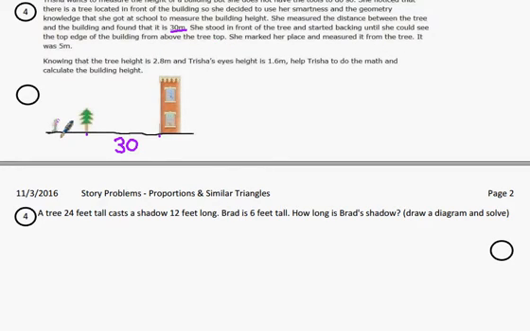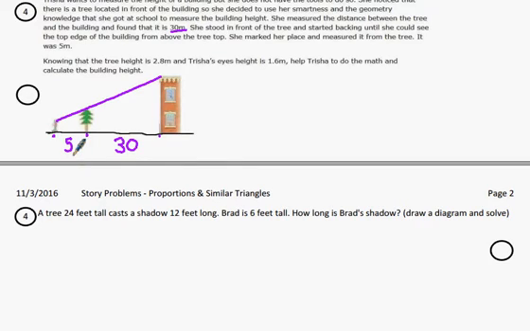So we know her line of sight goes directly from her eye to the tree to the building. So I actually started drawing my triangle based on that. She marked her place and measured it from the tree. It was 5 meters. So from Trisha to the tree is 5 meters.